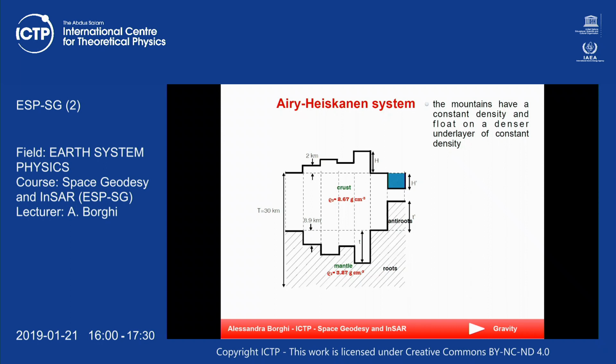In this case, we consider a constant density for the crust and a different density for the mantle. It's a floating theory. It says that we have a less dense material over a denser material, the mantle, and it is a floating balance.